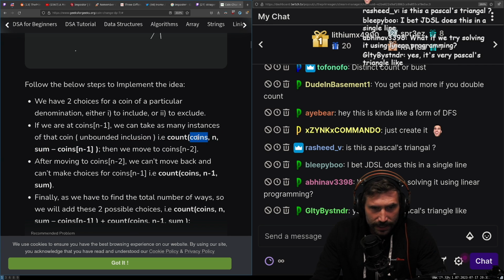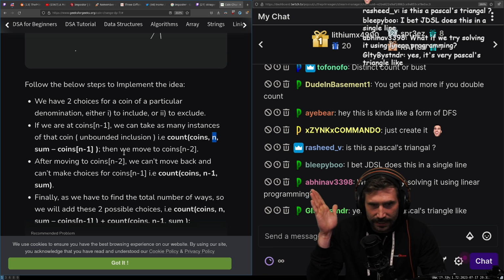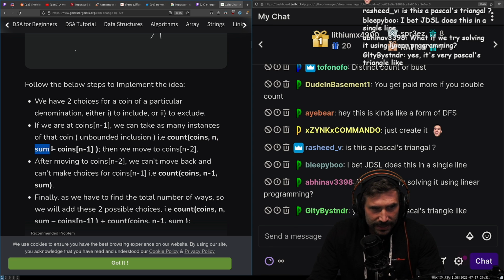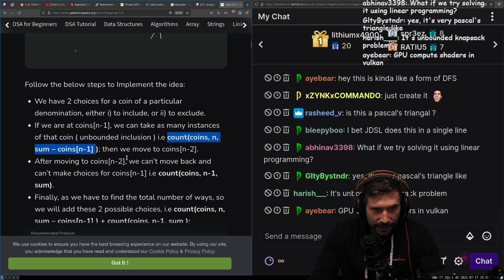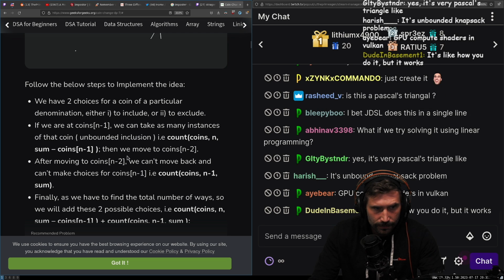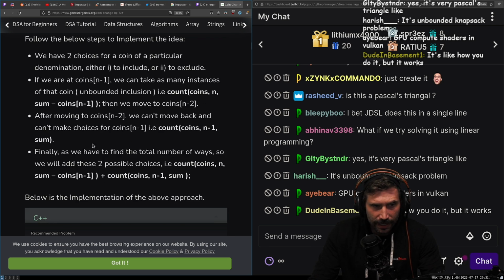Coins, n is, my assumption, the index within the coins. I called it index. They called it n. And sum is the total amount. So we can literally do this. Okay, this makes sense. Yeah, as long as it's within.